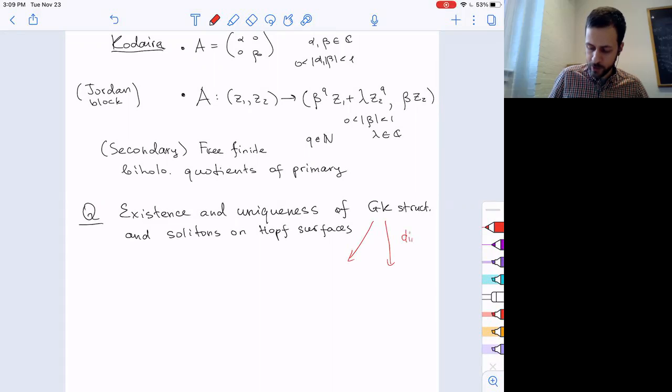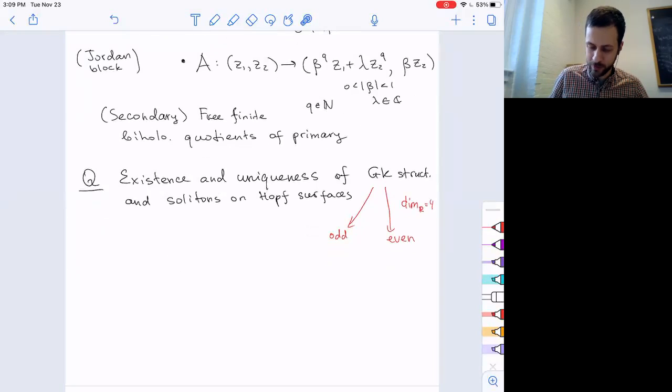Since real dimension is 4, we have odd and even generalized Kähler structures. The analysis of those two is completely different all the way up to the very end, where you get almost the same classification answer, which is kind of amazing. It suggests perhaps there is a unified approach to the two, but I don't know.